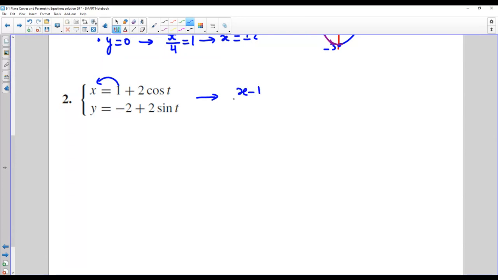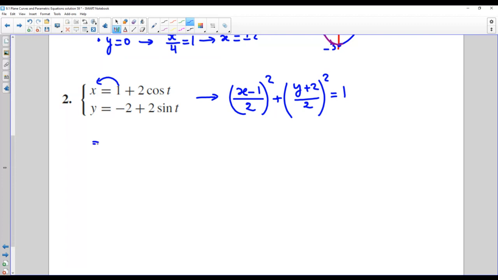So you will have ((x minus 1) over 2) all of this squared, plus what? Plus y, yeah, ((y plus 2) over 2) squared equal to 1, like this.